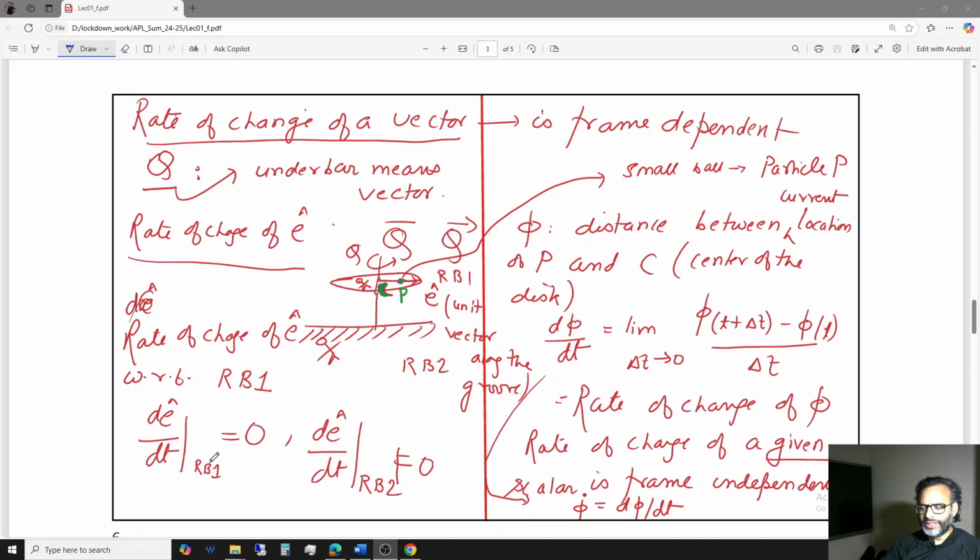We will use these symbols to make it clear to the reader, to the listener, that if we are talking about rate of change of a vector, it is with respect to which frame? RB1, RB2. These subscripts are required. If you don't put the subscripts, your quantity is not well defined. So rate of change of vector is frame dependent.